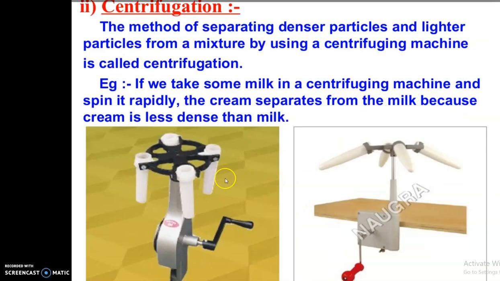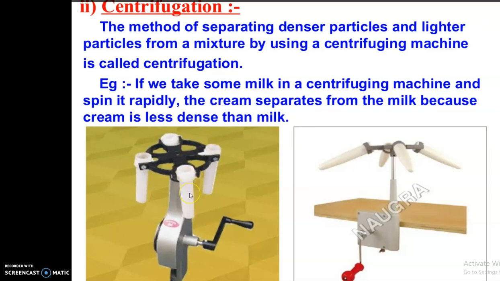The next method is centrifugation. This is the equipment used for centrifugation. It is used to separate the denser particles and lighter particles from a mixture by using a centrifuging machine. This is called centrifugation. For example, if we take some milk in a centrifuging machine and spin it rapidly, after some time the cream will separate from the milk. Why?